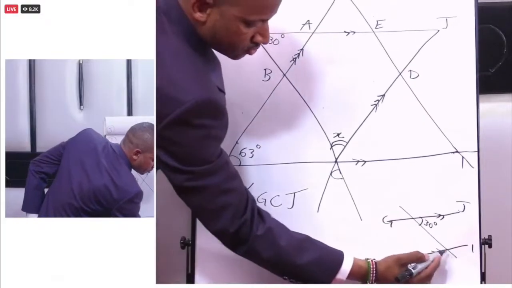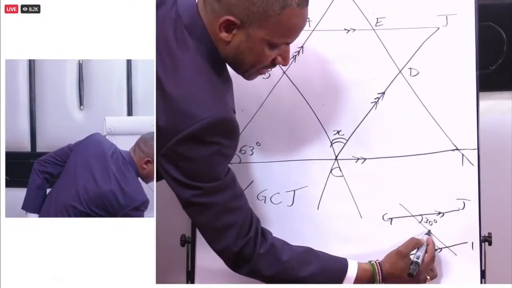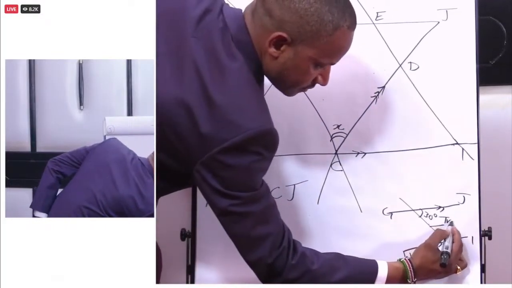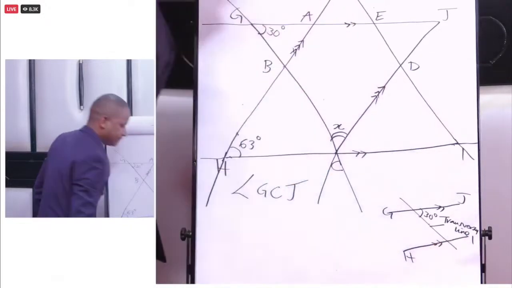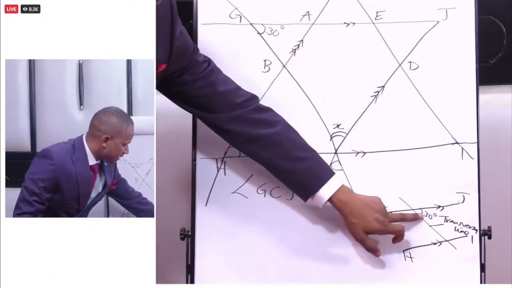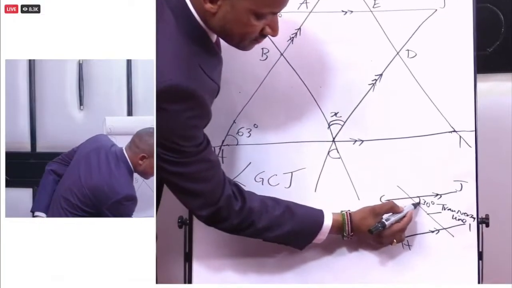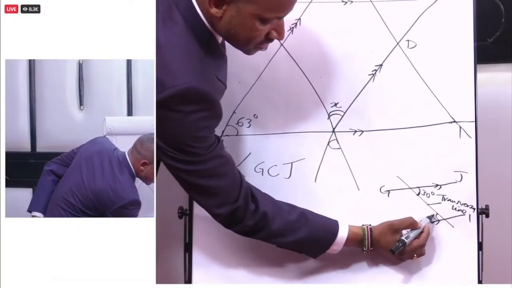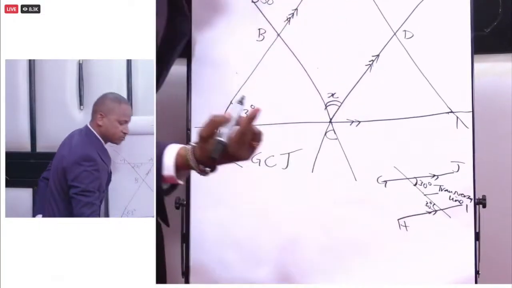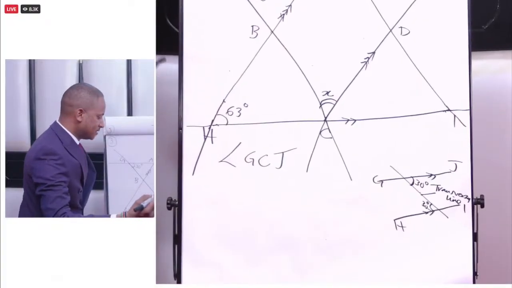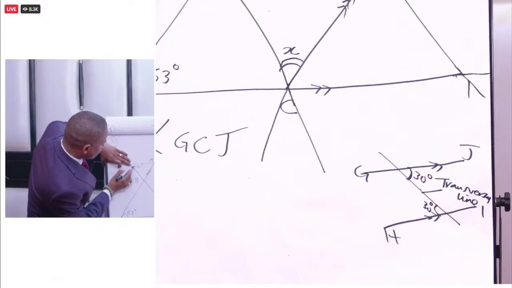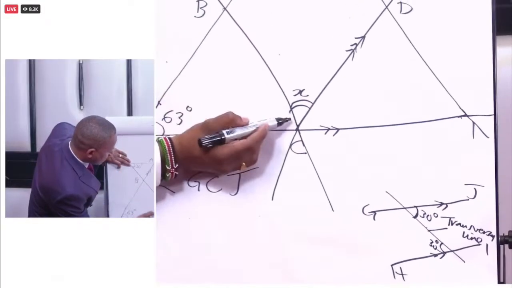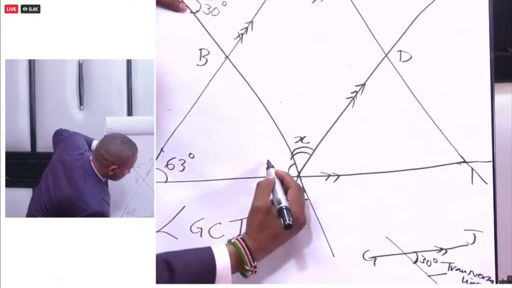This line is called a transversal line. If this angle is 30 degrees, then this angle is also 30 degrees. Reason, you say they are alternate angles. So if this is 30 degrees, our angle here will be 30 degrees.